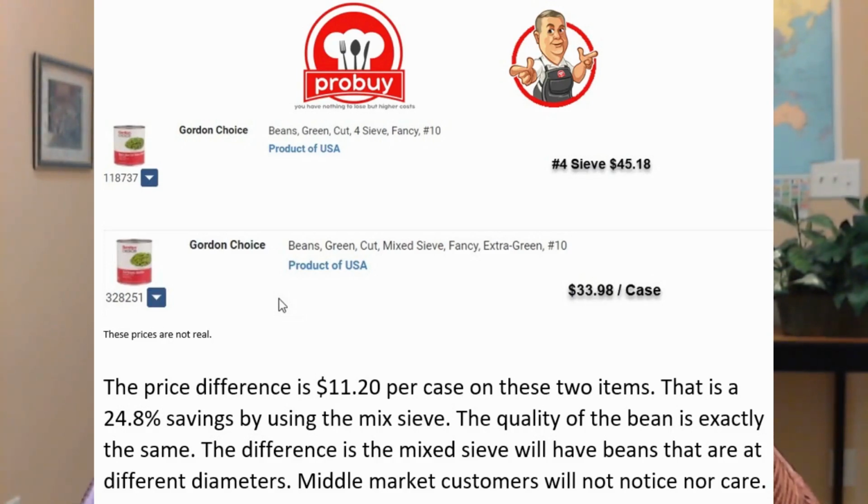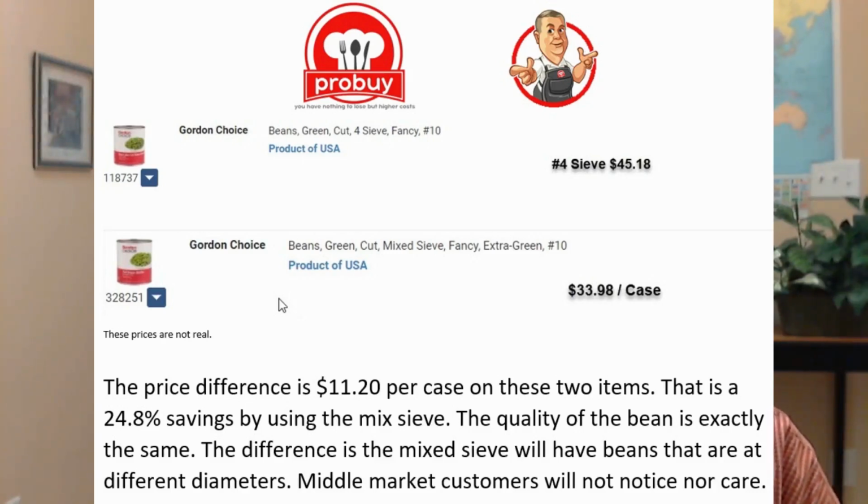Now a 4-sieve means that the bean goes through a particular, almost like it sounds, a measuring or metering process that separates the real narrow in circumference, so the thickness of the actual bean. And there's 2 sieve, 4 sieve, etc. So this one happens to be a 4 sieve product. And as you can see, for 6 number 10s, it's $45.18.